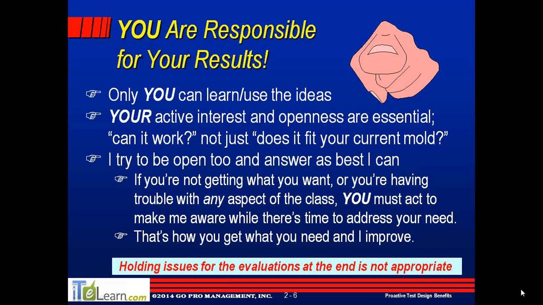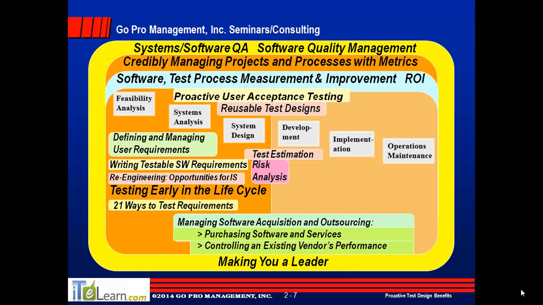Okay? You're perfectly entitled at that point to say the course was no good, but I will encourage you to realize that if you have not done anything to make it better, then that's not a fair evaluation. So hopefully everybody will take personal responsibility for your results. That's how you get the results.